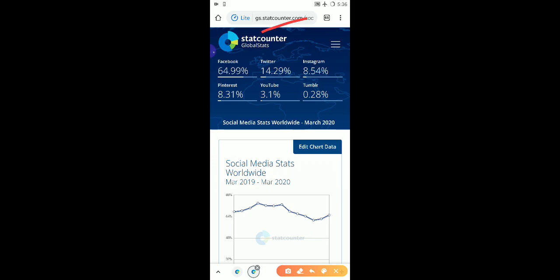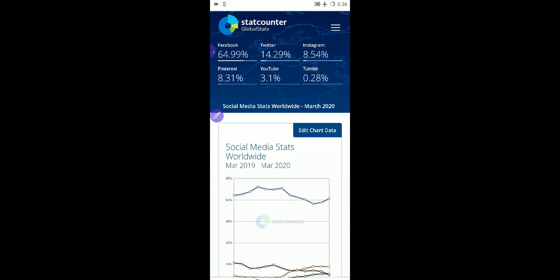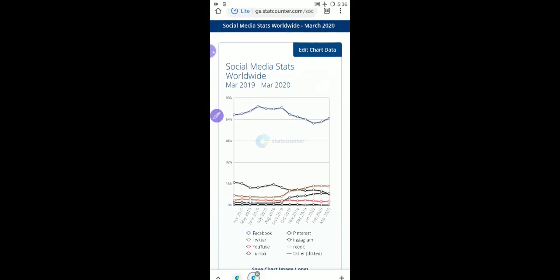So, if we see the stats for social media worldwide and their respective market shares, the global leader in the social media market is Facebook, followed by Twitter, Instagram, Pinterest, YouTube, and Tumblr. This is the worldwide stats, and it is last year's data.